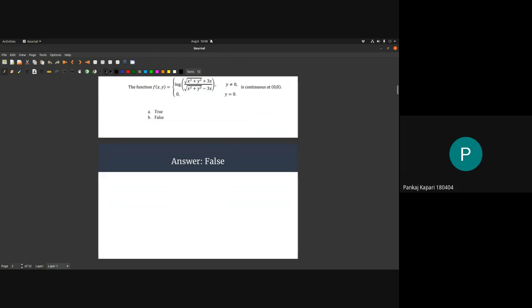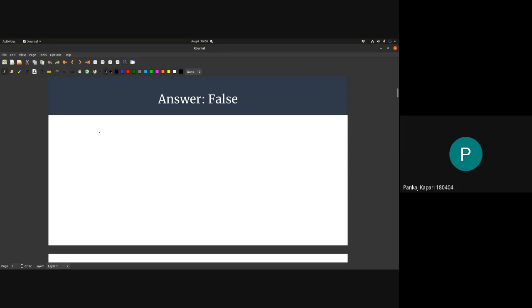Now, for this function to be continuous, if function f(x, y) is continuous, then first, the limit should exist: the limit as (x, y) goes to (0, 0) of this function f(x, y) must exist.